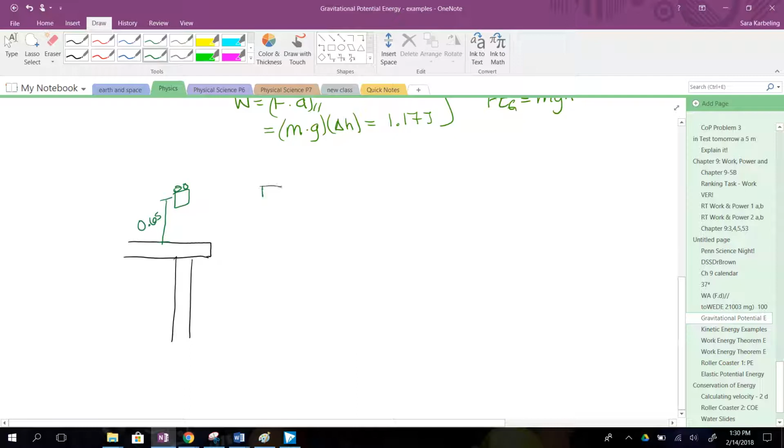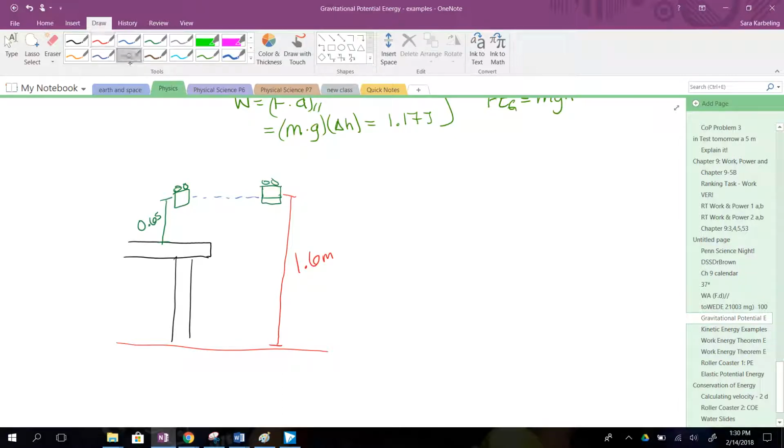And now it's over here, and that's supposed to be the same height. Make the frog a little bigger. There we go. And the floor is down here. And this height is 1.6. And you told me that when he was over the table, it was how much? 3.83 joules. And how much do you say he has now?